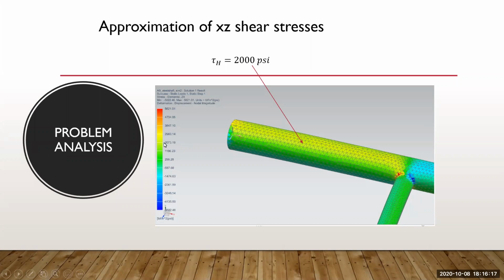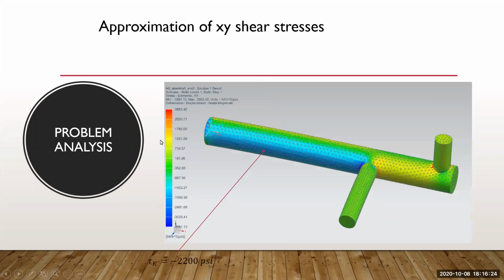If you look on this side, it's about 2,000 psi approximately. Did the same thing for shear stress at point K, and the value is right here, negative 2,200 psi.